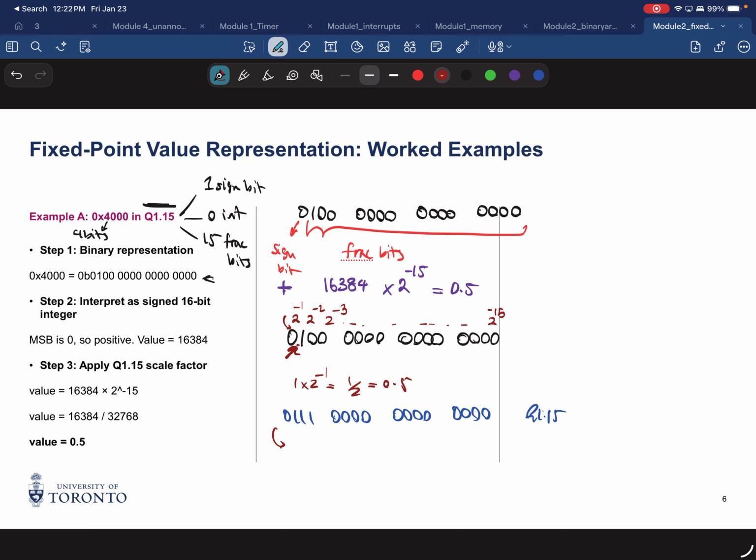So you would just add 2 to the minus 1 plus 2 to the minus 2 plus 2 to the minus 3. Exactly. That's 0.5, 0.25, 0.125. And that's going to be 0.875. Okay? So for some of these, it's easier to just do it this way, especially if the most significant bits are the ones that are ones, basically.